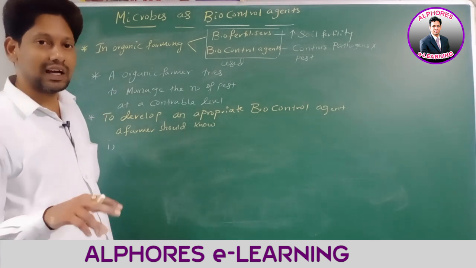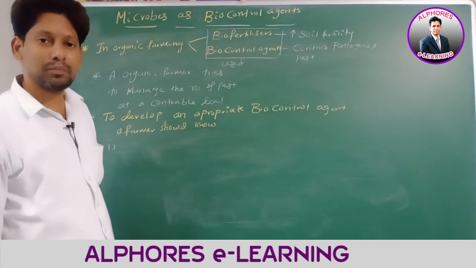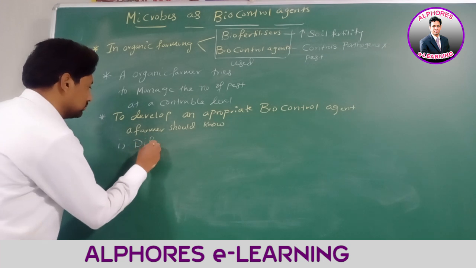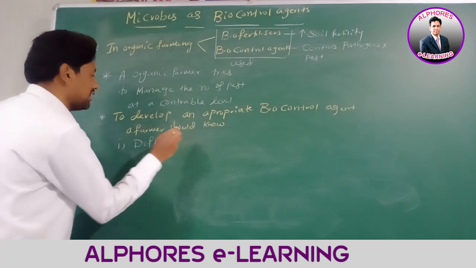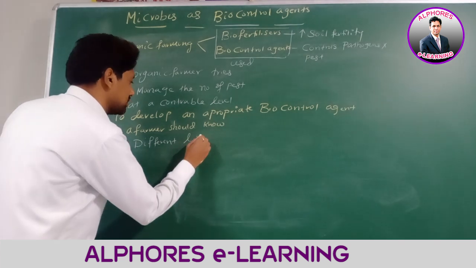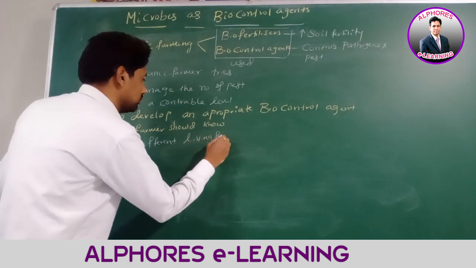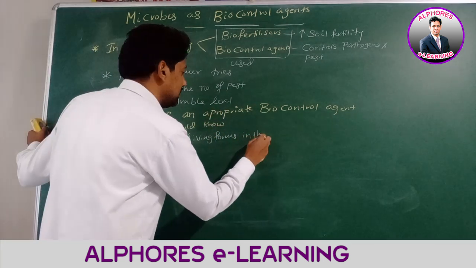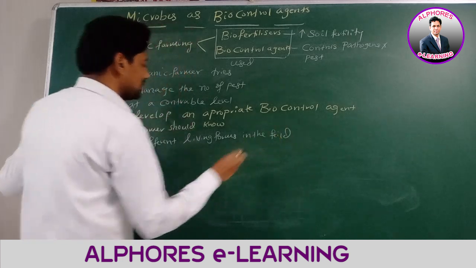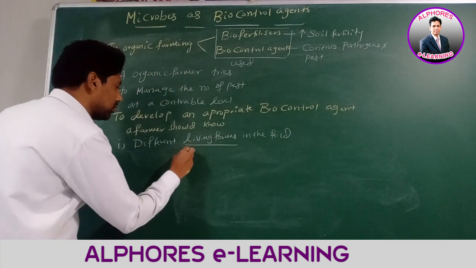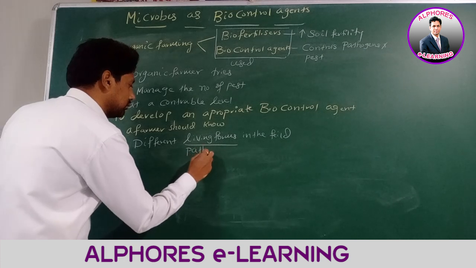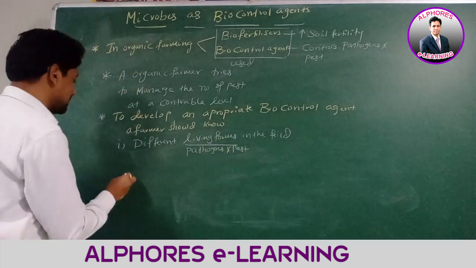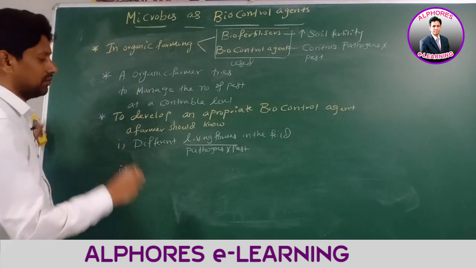It means in that agricultural field, what are the pathogens and what are the pests. So different living forms in the field means he should know about pathogens as well as pests. Is it okay?